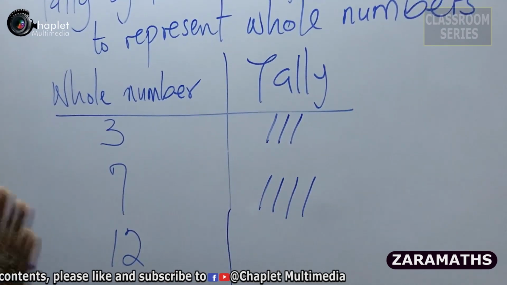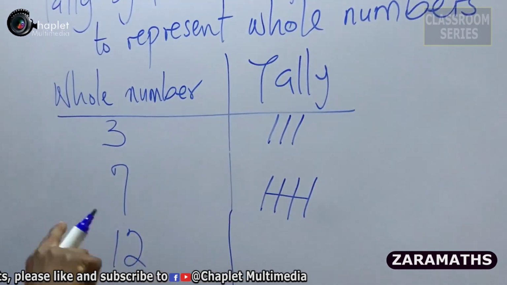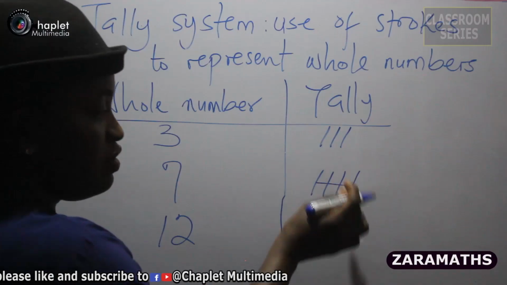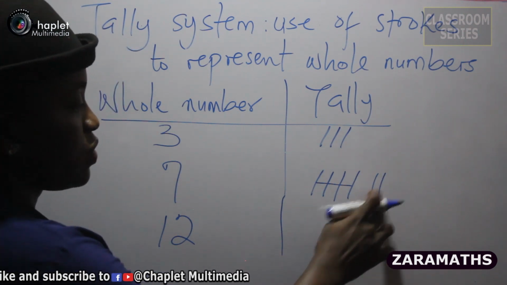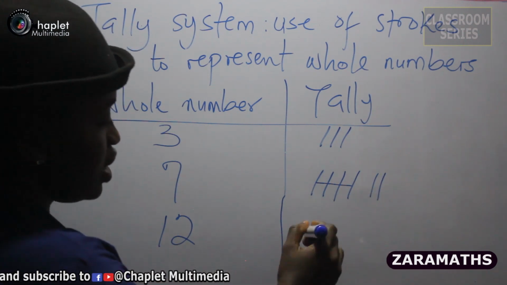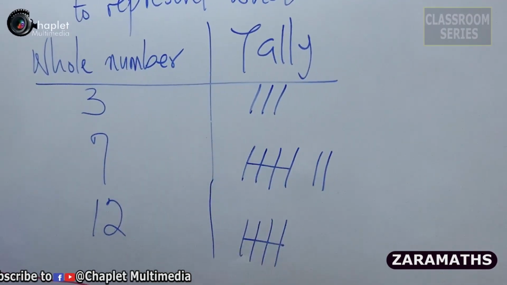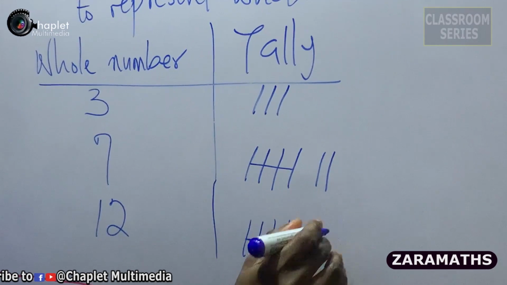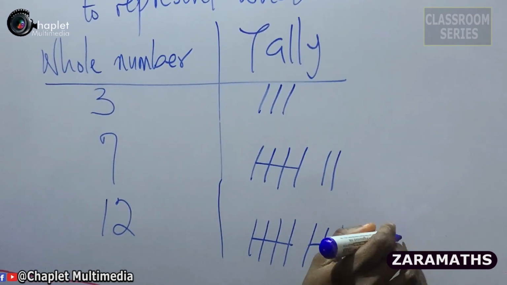When you get to the fourth stroke, you cross it out. The fifth one is crossing it out, representing 5, 6, 7. 12 is written as twelve strokes, with every fifth one crossing out the previous four.